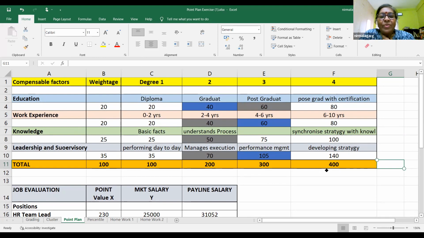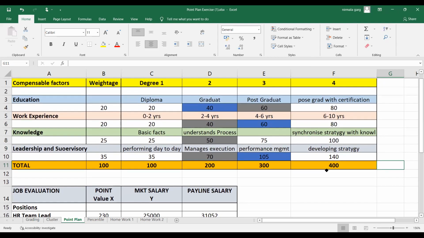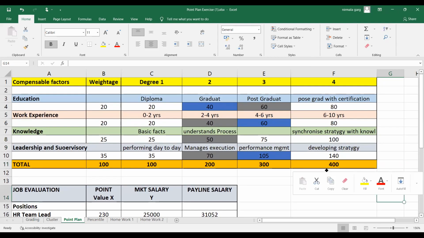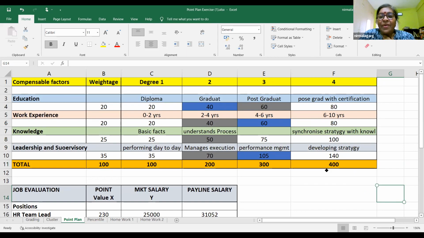So how many points will I add? What is the degree? Graduation is at degree 2. So the points are 40. Then work experience: say, for example, it needs 2 to 4 years for an HR team lead.